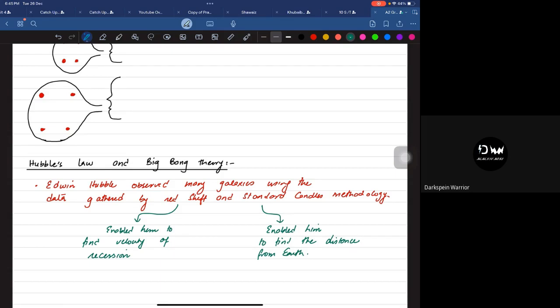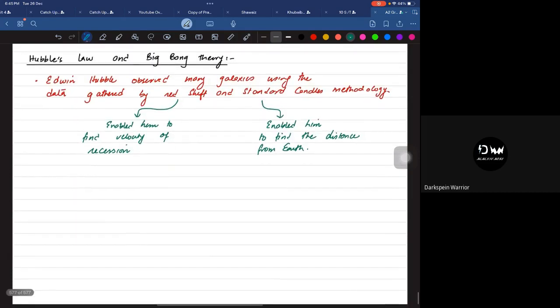Now, speaking of Hubble's constant, he presented us with Hubble's law. And Hubble's law is pretty simple.